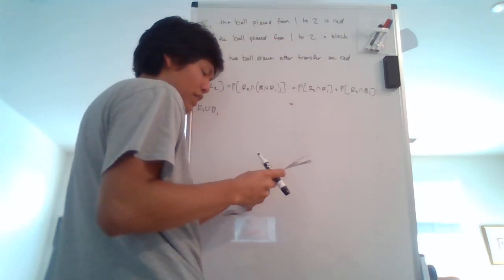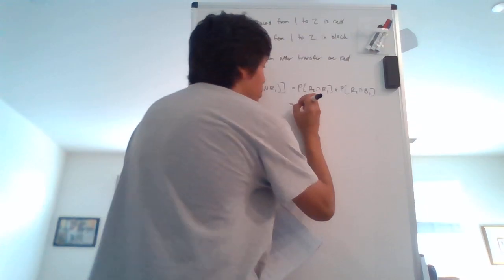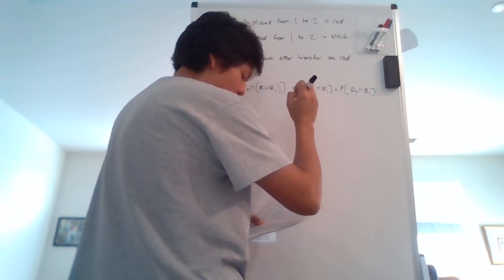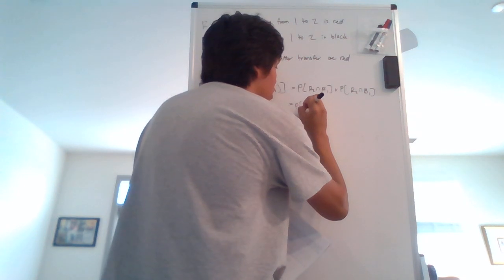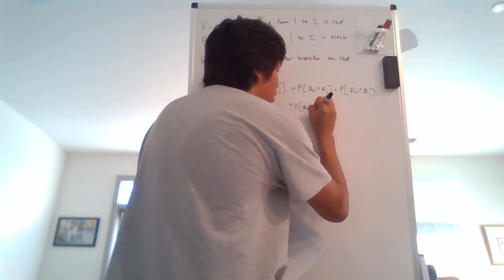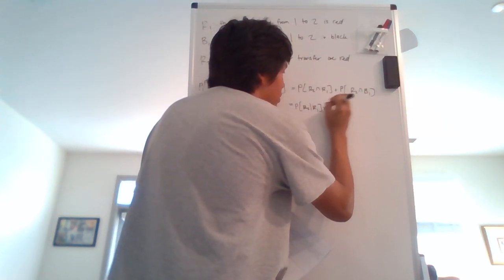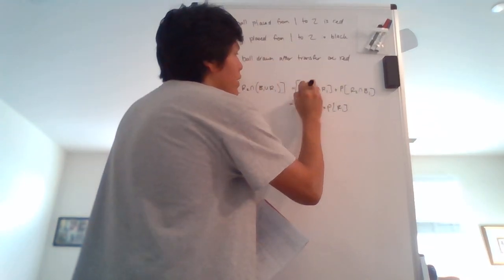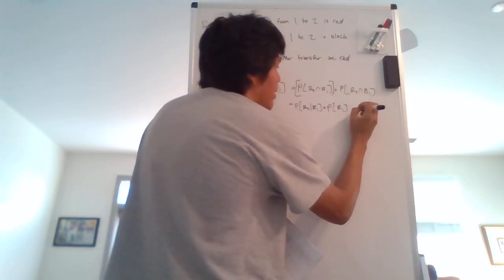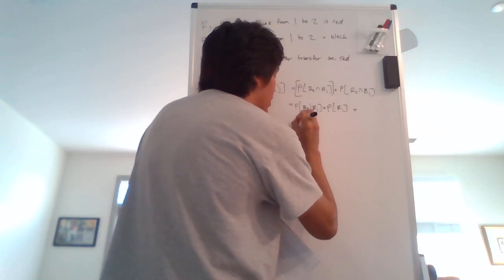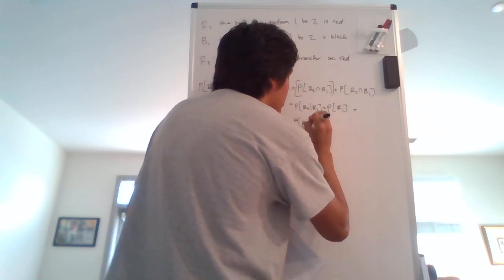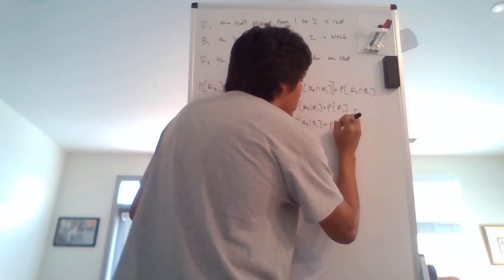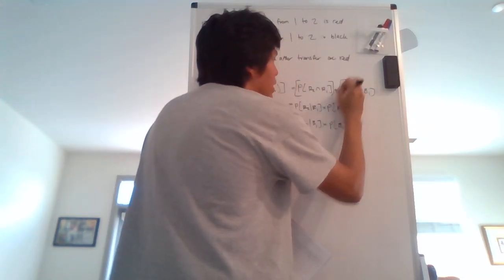So this would look like the probability of R2 given R1 times the probability of R1, and that's this right here, plus the probability of R2 given B1 times the probability of B1, and that's that right there.